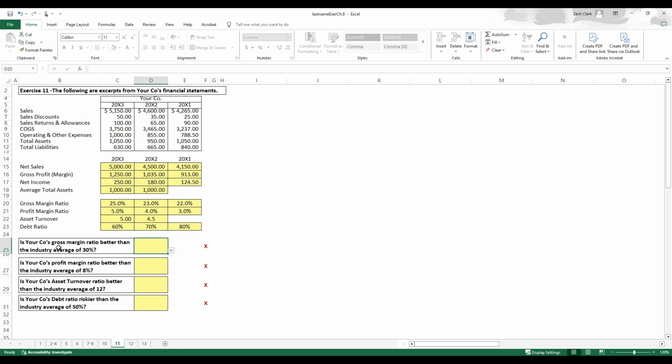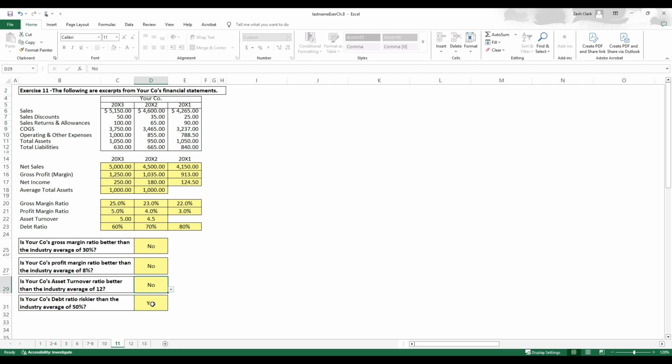And let's take a look. Is your company's gross margin ratio better than the industry average of 30%? So our gross margin ratio is not better. We're a little under, in the mid to low 20s. Is the profit margin ratio? No. Is the asset turnover ratio better than the average? No. And is the debt ratio riskier than the average?